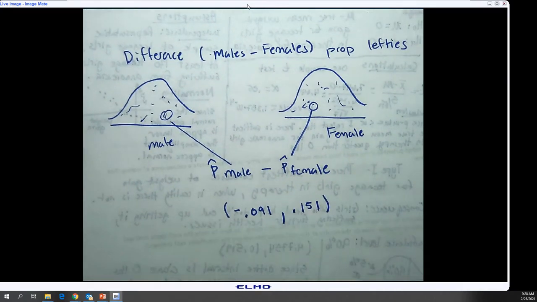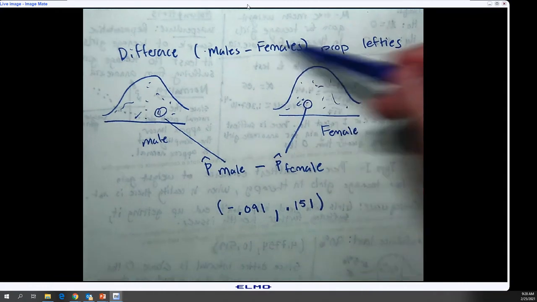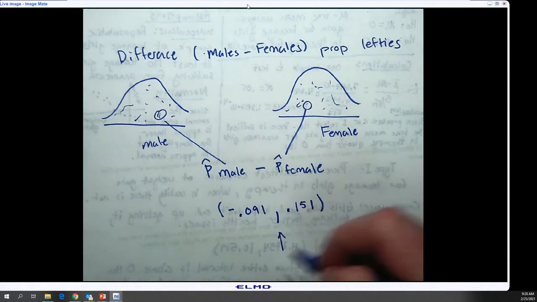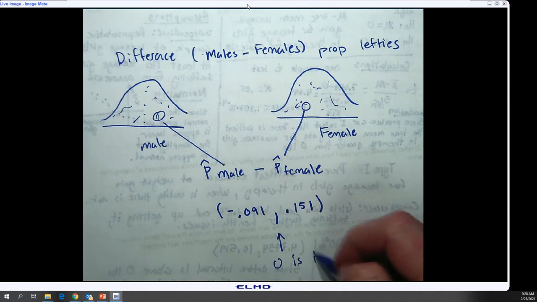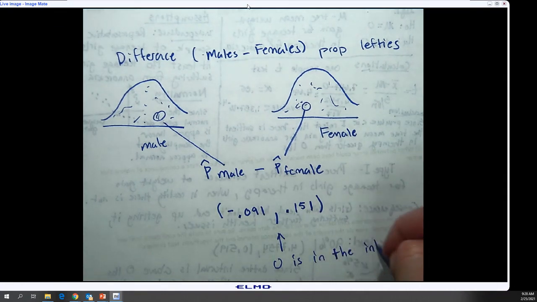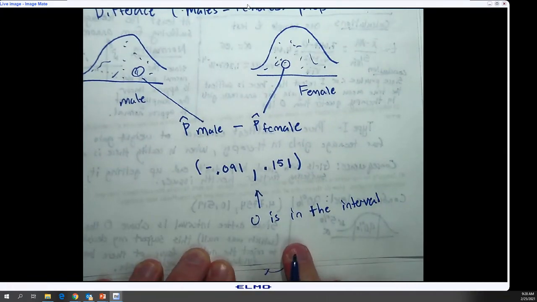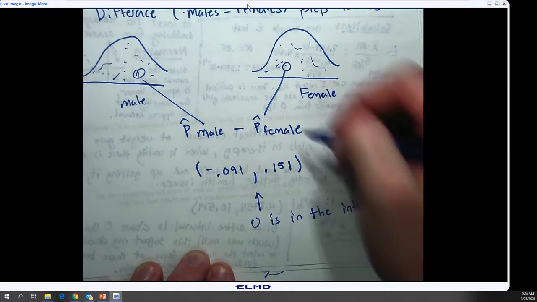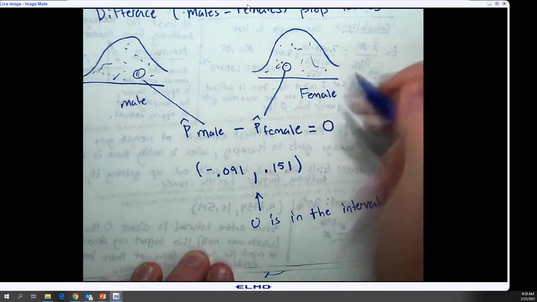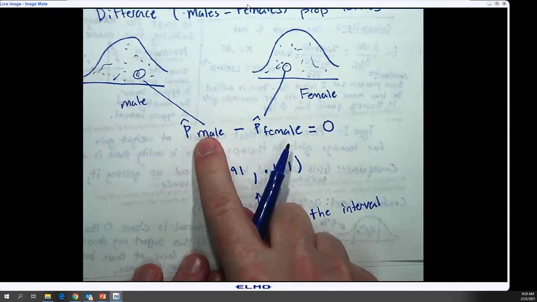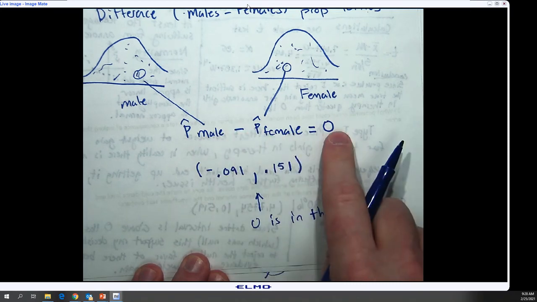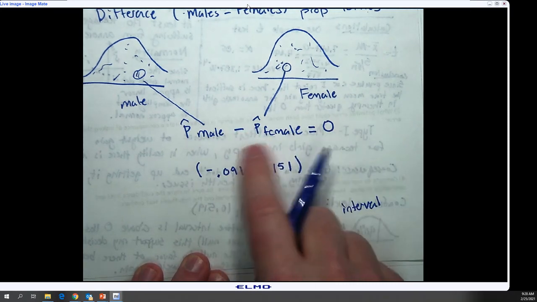And the most interesting thing to look for, and this is a habit you want to build whenever you're doing these two proportion ones, is the fact that 0 is in the interval. And the reason why 0 is so important to look for is if the difference is 0, so if you do the proportion of males minus the proportion of females and you get 0, that's telling you that there's no difference between the two.